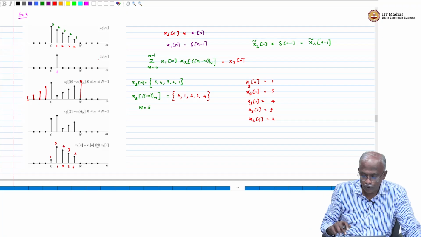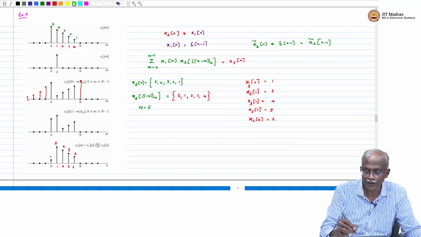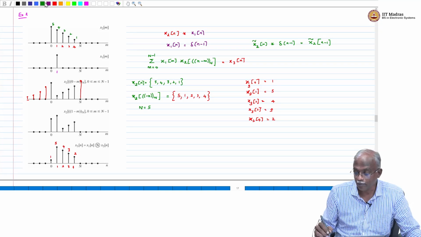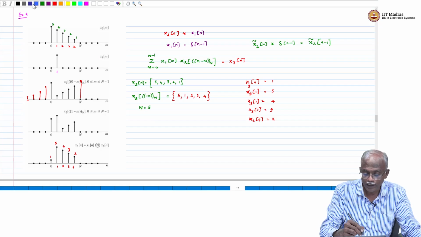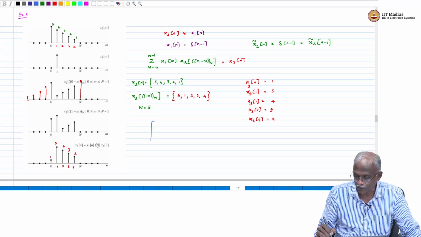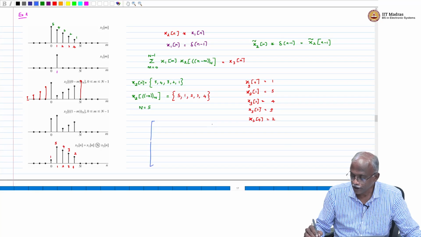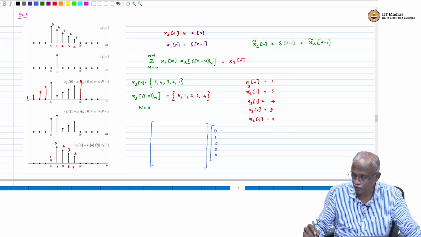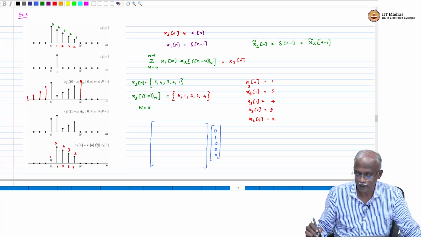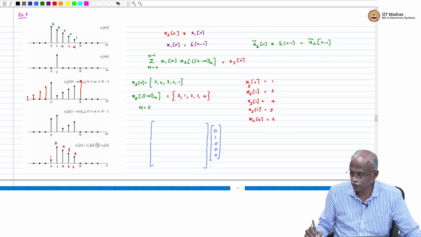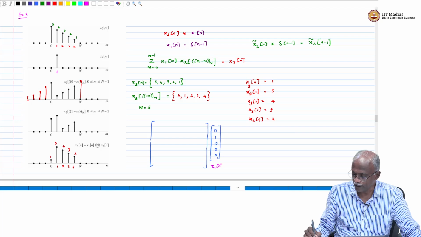Now, how would you have represented this circular convolution in matrix form? We already discussed how to do this in matrix form, so let us do that. Here is the 5 by 5 matrix. This sequence is 0, 1, 0, 0, 0. This corresponds to x1 of n.